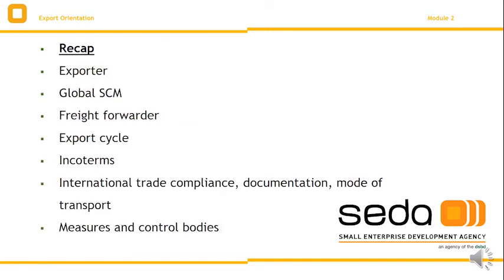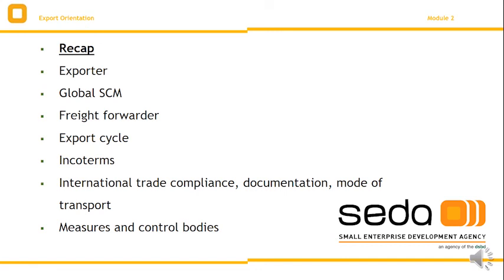To summarize what we have gone through, we looked at an exporter and what is required to become an exporter, as well as the permit applications. We looked at a simple global supply chain model. We looked at a freight forwarder, their role, where you can get a reputable list of freight forwarders, and how you can go about choosing the freight forwarder.